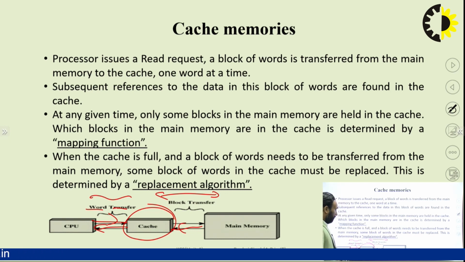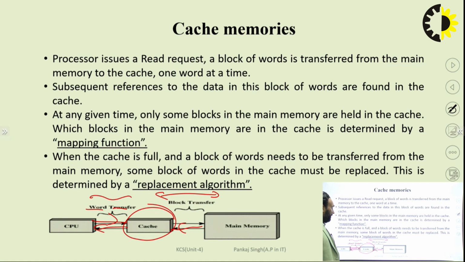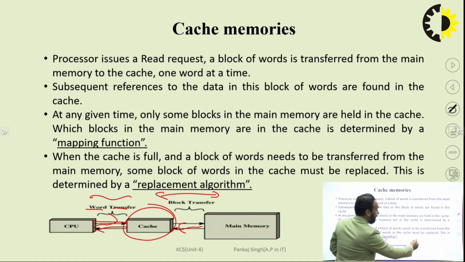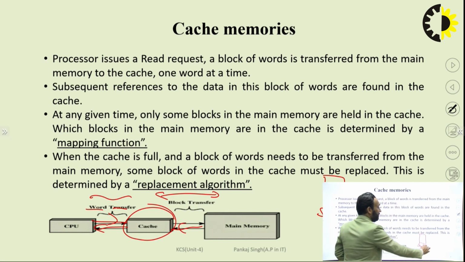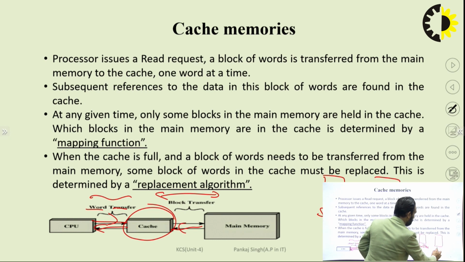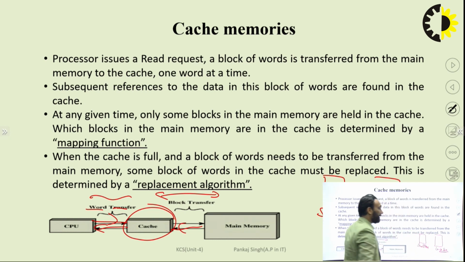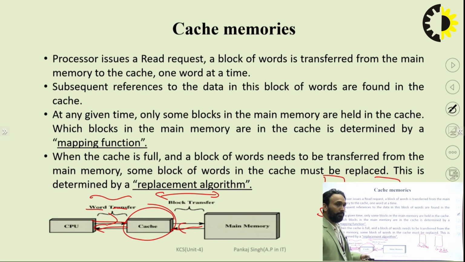So what problem will arise here? The cache memory has a small size and the main memory has a large size, so it cannot contain all the data of main memory. So how will it be done? That is done with the help of the mapping technique.